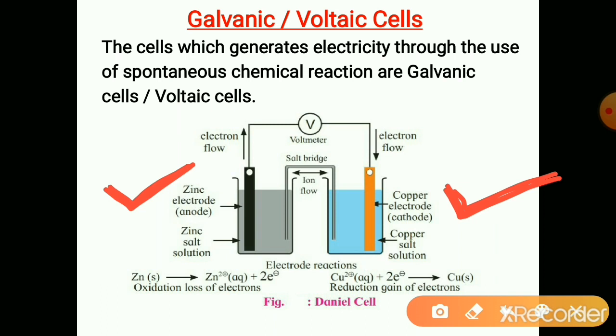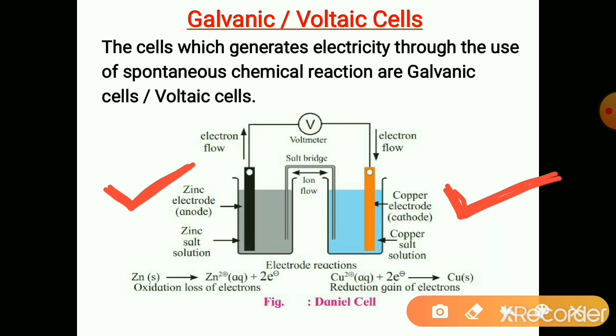These two electrodes are connected externally through a metallic wire, and a voltmeter is connected to it to measure the flow of electric current. Internally, these two are connected, and contact between these two half cells is provided by using a salt bridge.